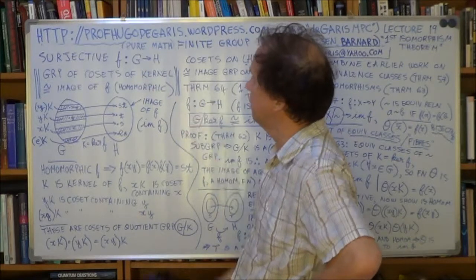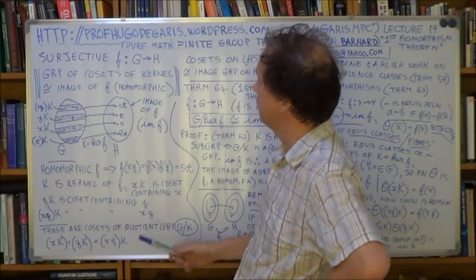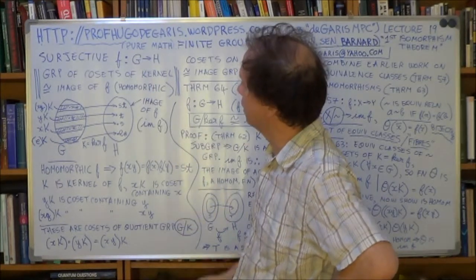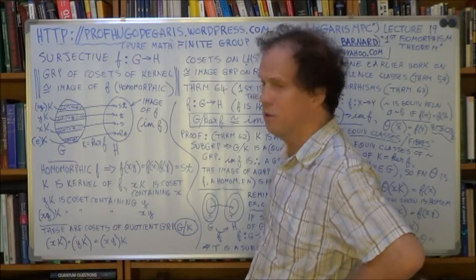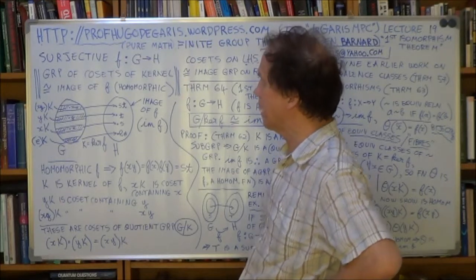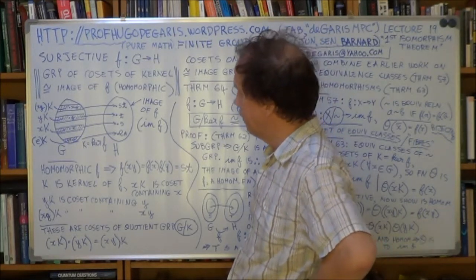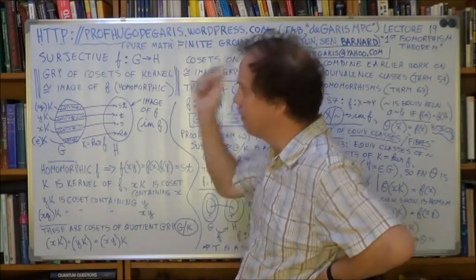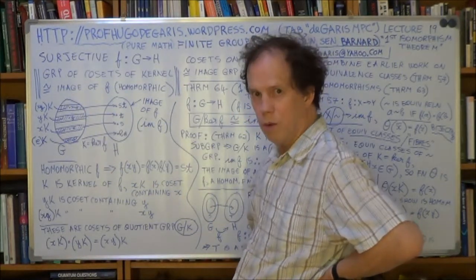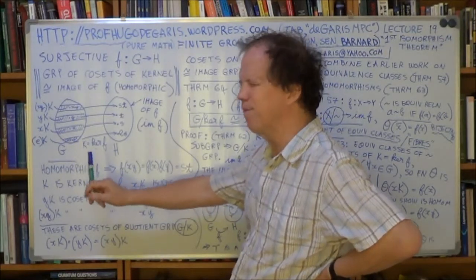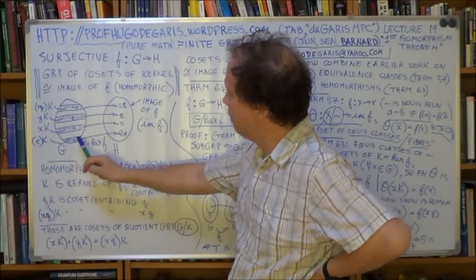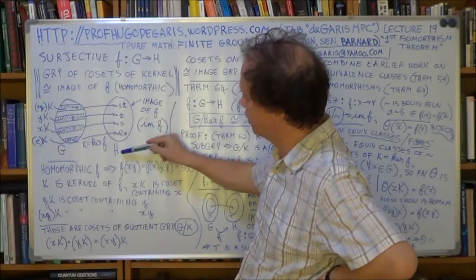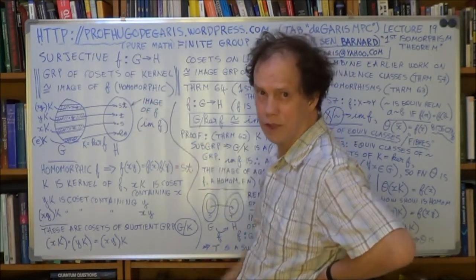And once you've got the kernel, you can create quotient groups of this group G. You know that, right? So find the kernel. Remember, kernel is the subset of G, all of whose elements map to the unit of your group H, your target group.